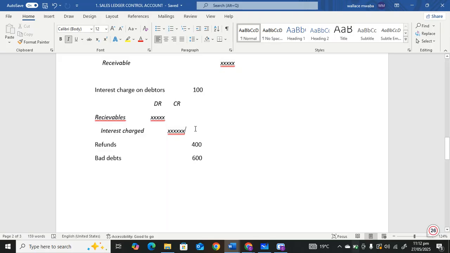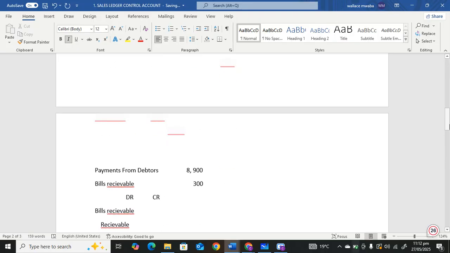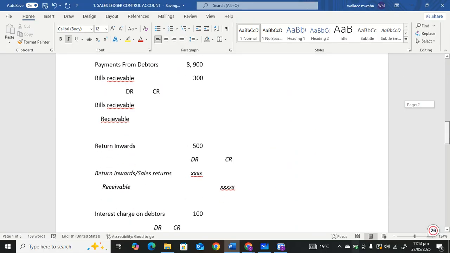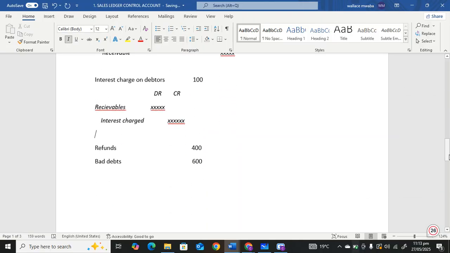Okay, we go to the next one, refunds. As I said, if you notice, refunds is on the debit side. Colleagues, why is this so?